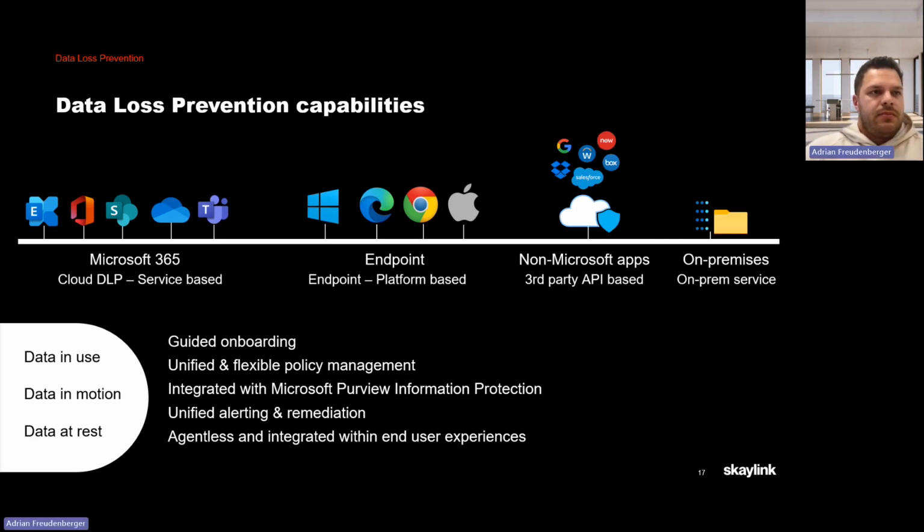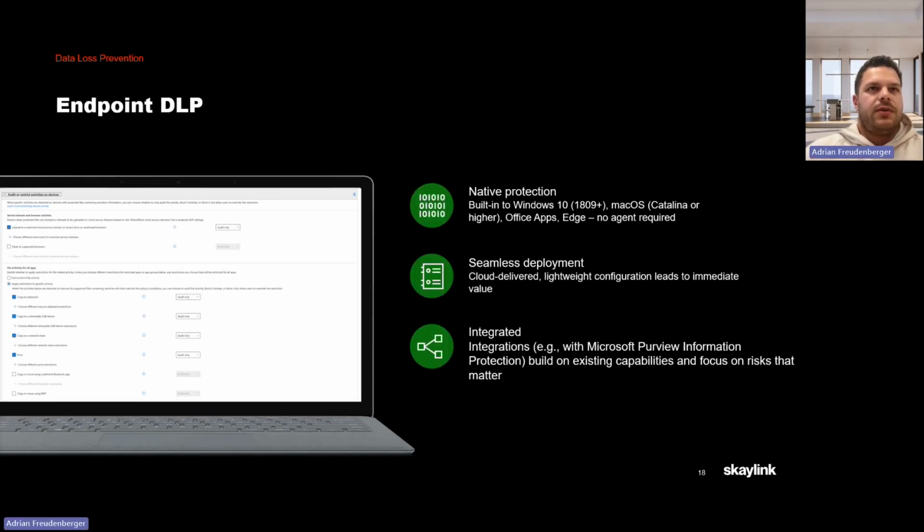Okay, let's move one slide forward, which is then endpoint data loss prevention. I already mentioned it. Endpoint DLP is a great feature to prevent intellectual property theft. What I would highlight here is that you are able to use it if you have the Defender for Endpoint deployed on your device.